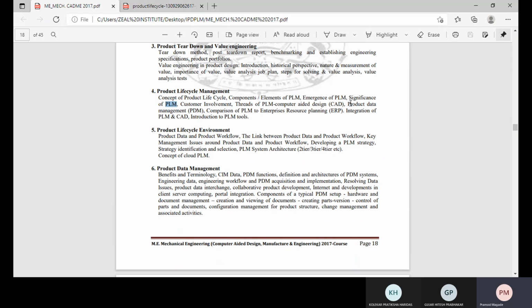Second part, we are going to learn about product data management. Whatever life cycle we have developed or derived, whether it will work in a proper channel or not, we can check by this product data management, PDM. After that we are going to learn about ERP. Of course, I think your ERP account is there from college login.